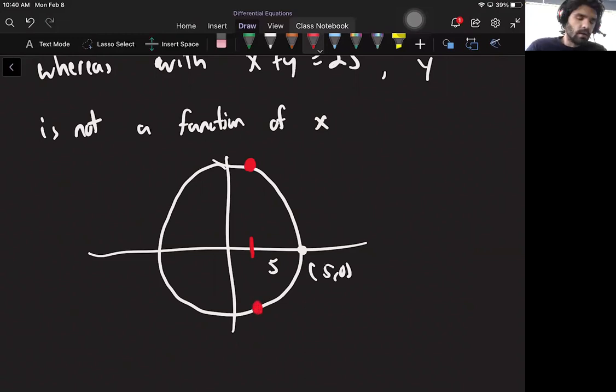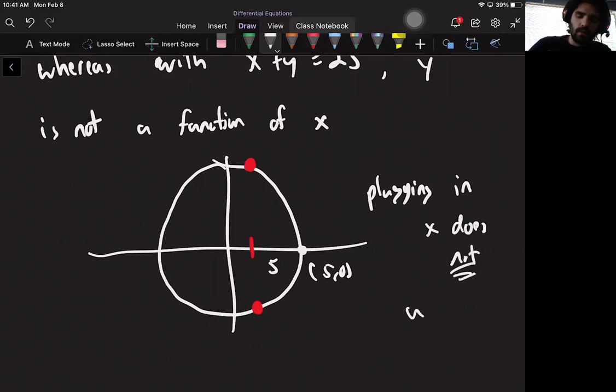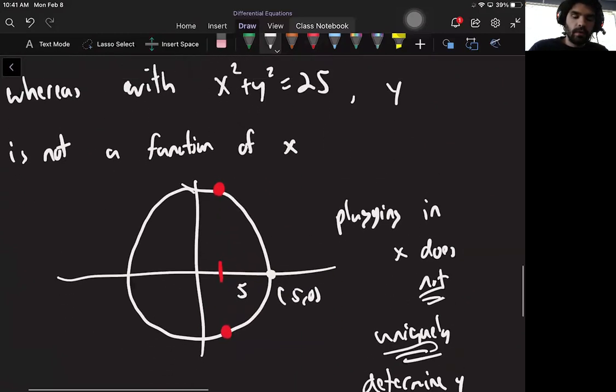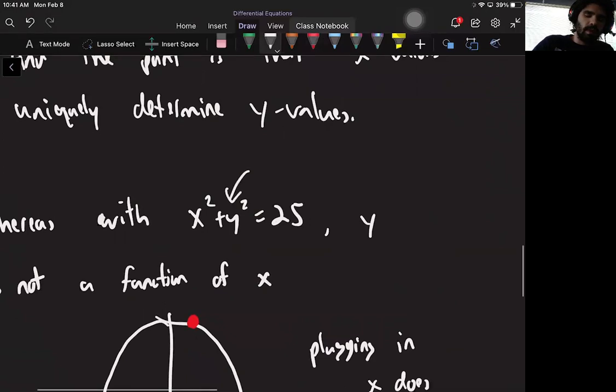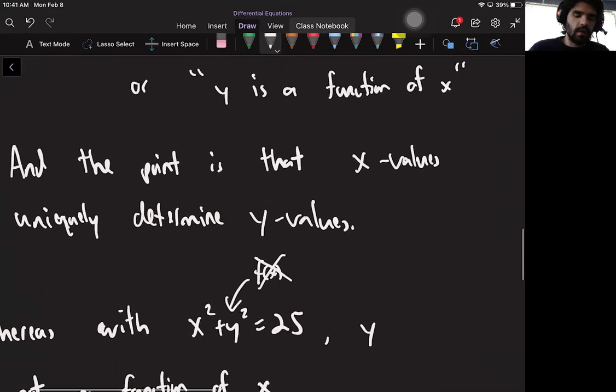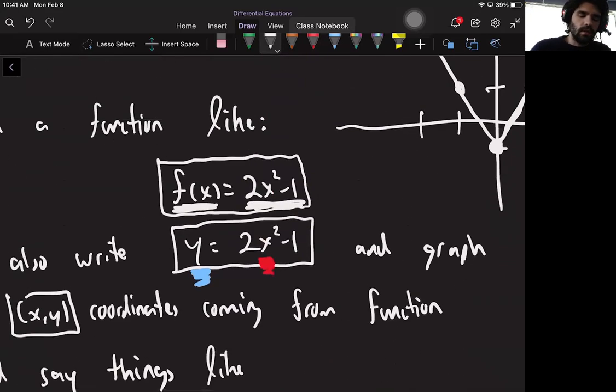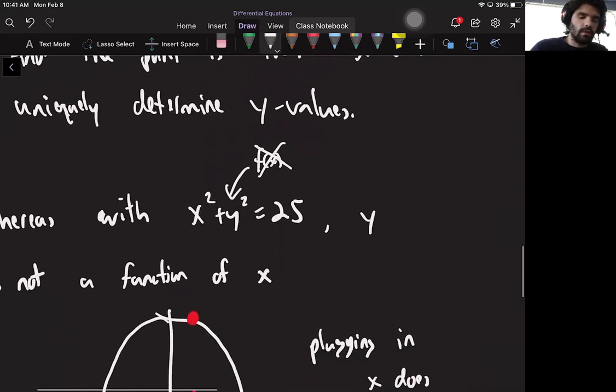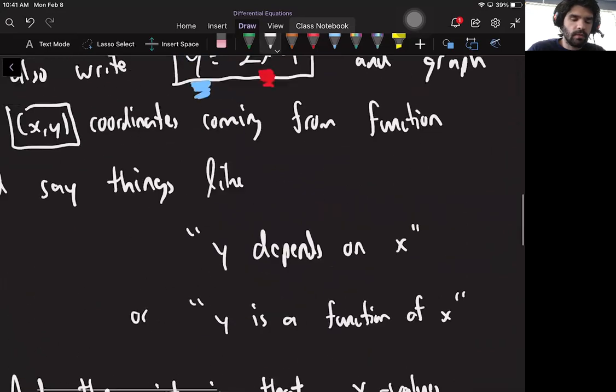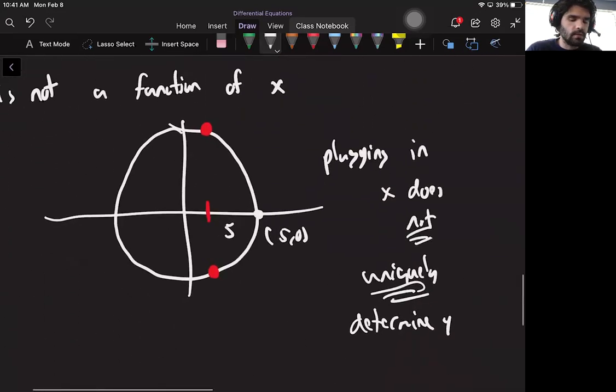So you can't just say it automatically goes to 1 for sure. Here, plugging in x does not uniquely determine a y value. So you would never write f of x there, whereas up here you could, because the y values are functions of x. That's why sometimes you can replace y with f of x and sometimes you can't.